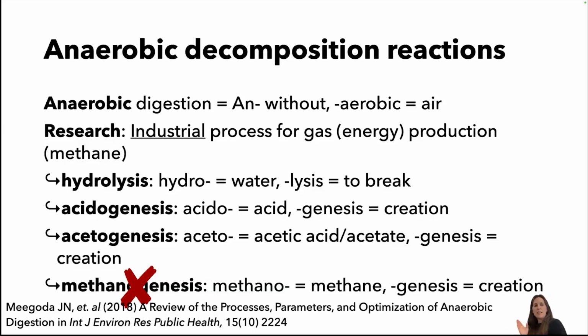Once we hit acetogenesis, the big thing is to make sure that we just don't have the bacteria that produce methane present, right? If you control what bacteria are present within your anaerobic fermentation bin, then we don't generate methane. We generate a whole bunch of other things, but not methane.